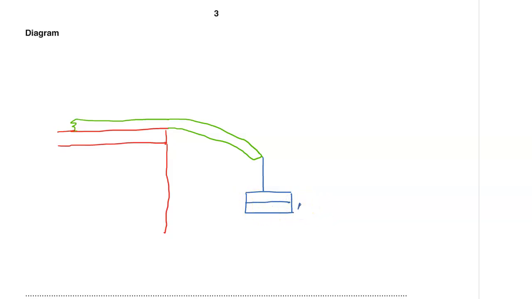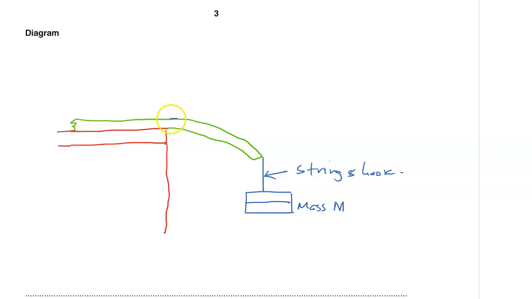This is mass M. This is a string. The string is not extensible. String and hook.